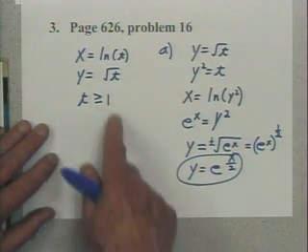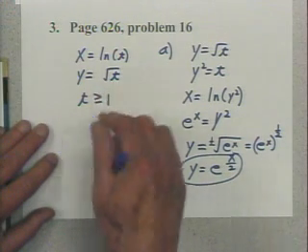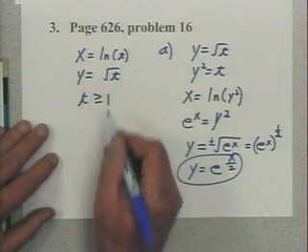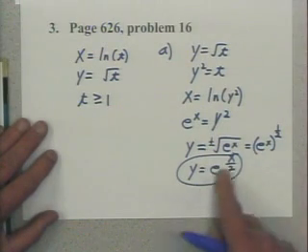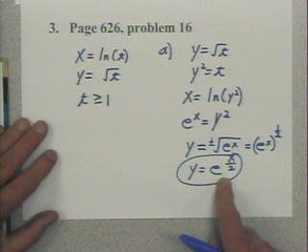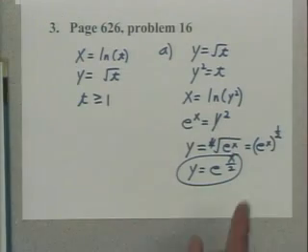Because the square root, by definition, is a positive number unless you want to put a minus in front, and there isn't one there. So that's why I didn't keep the minus, because y had to be a positive number. Okay? But you should be thinking about those things. So I did part A.